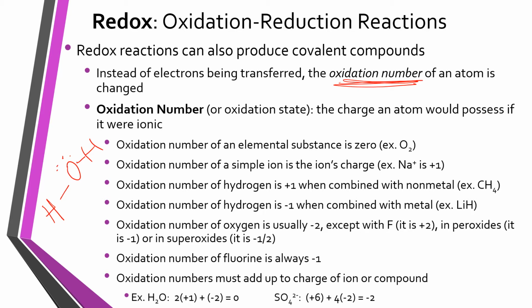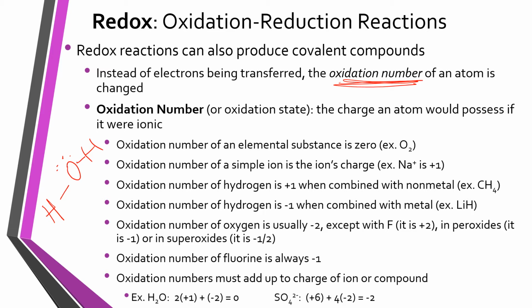And we say, okay, if this was ionic, so if something were to take away electrons and lose electrons, like what happens in an ionic compound, what would the remaining charge be? So we have to think about the electronegativity of atoms involved in the covalent compound, because the ones that are more electronegative are the ones that are going to pull the electrons to them. So you can think of this like a tug of war.